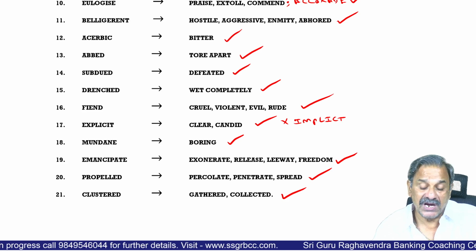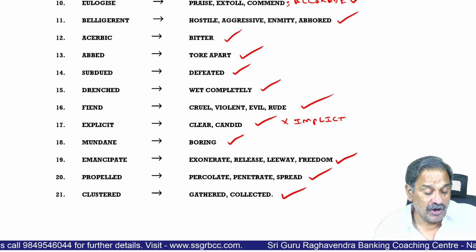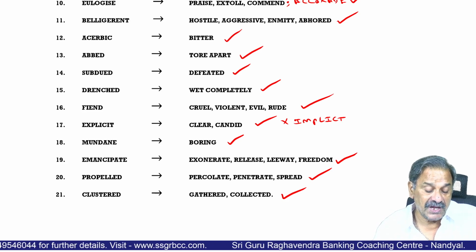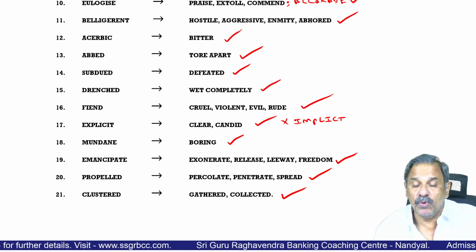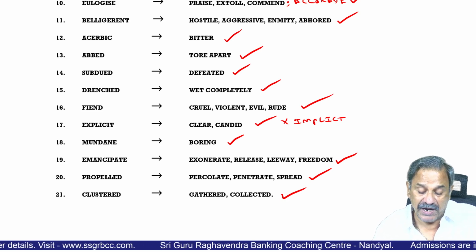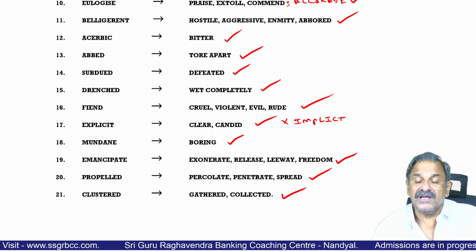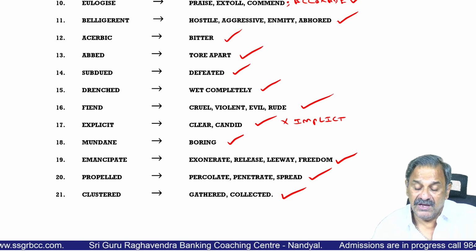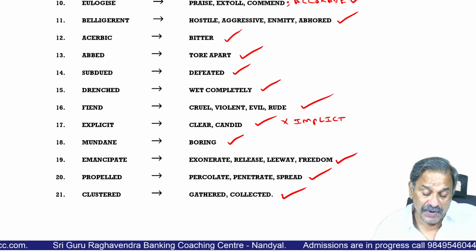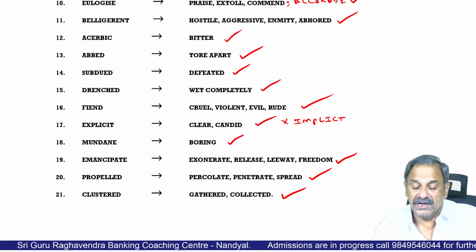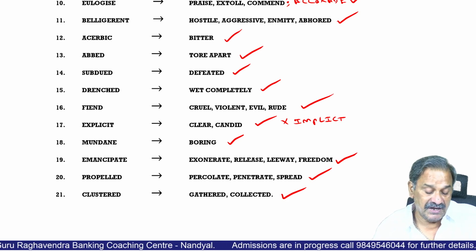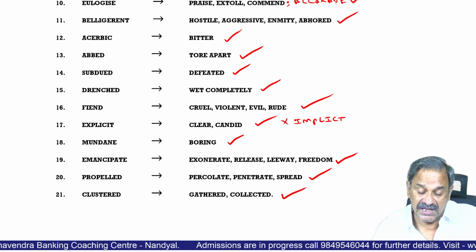Explicit means clear, candid. Its opposite is implicit. Then mundane means boring. Emancipate means exonerate, release, leeway, freedom. Then propelled means percolate, penetrate, spread. Clustered means gathered, collected.